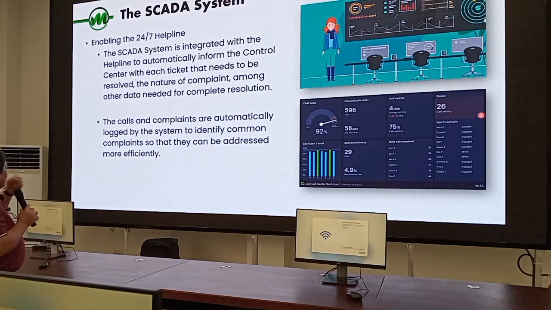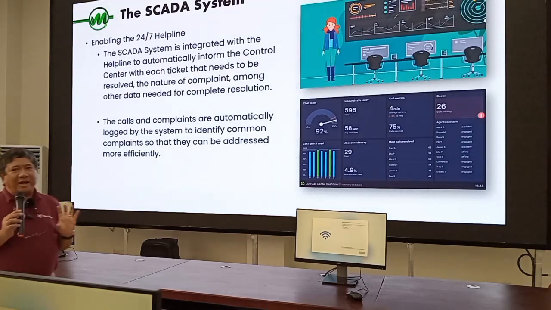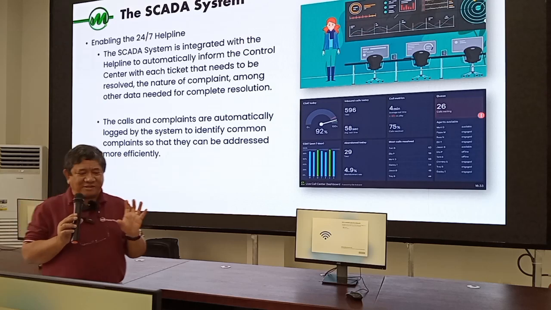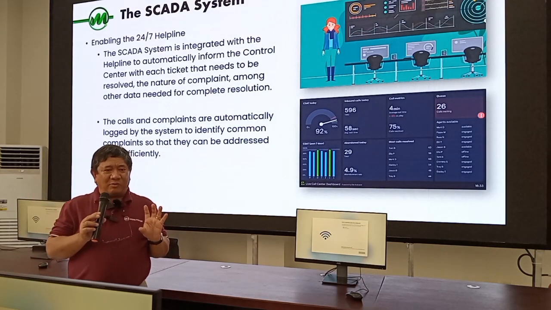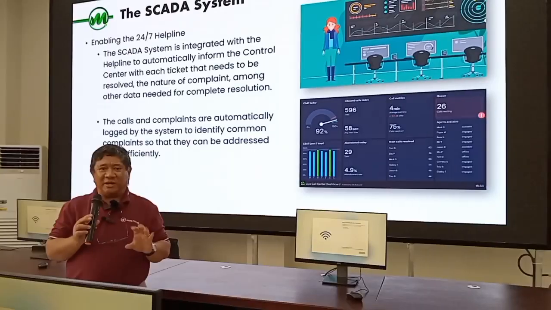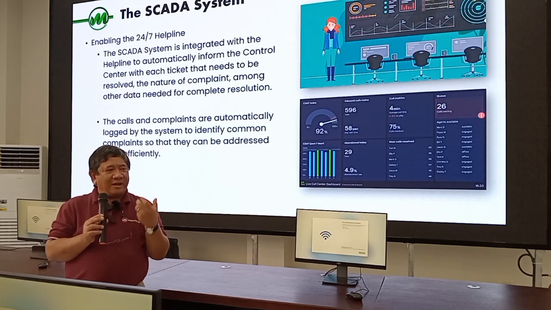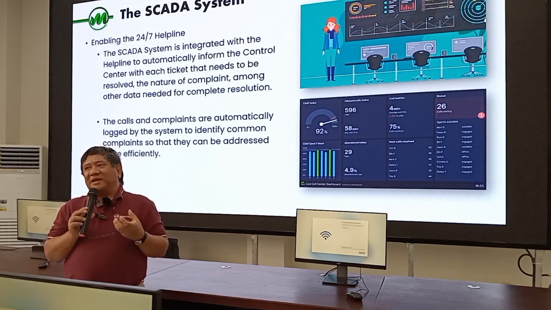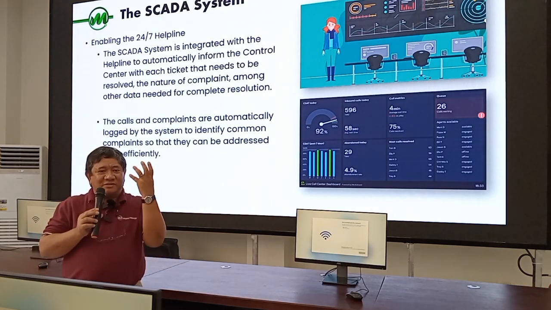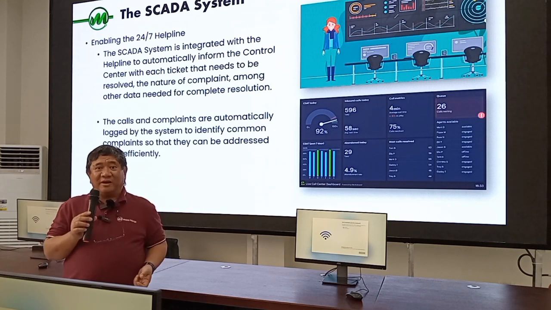Okay? And the calls and complaints are automatically logged by the system, and then masasense niya na, sasabihin niya na, oy, may 5 nang tumawag dito within the last 2 minutes, lahat yan attributed to this transformer.